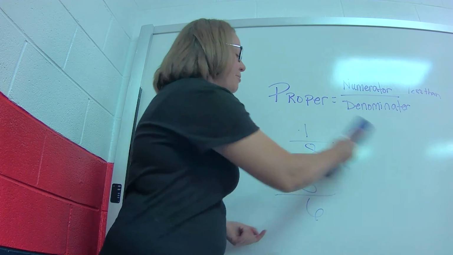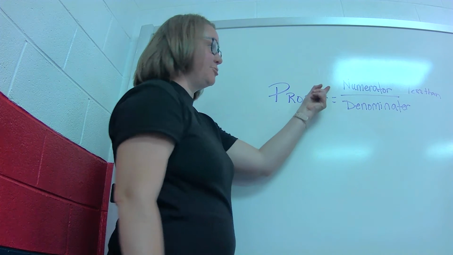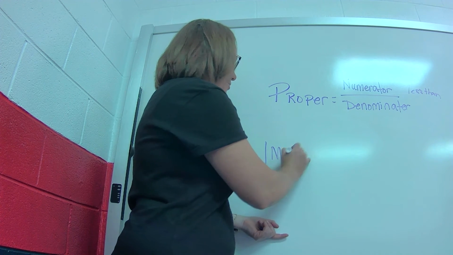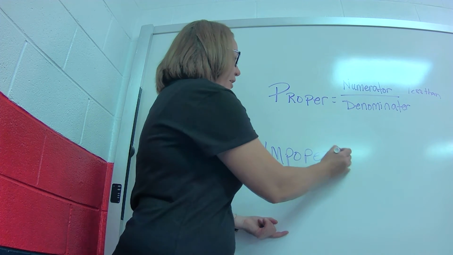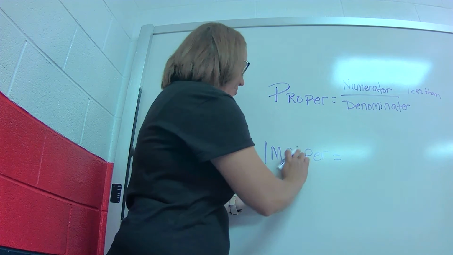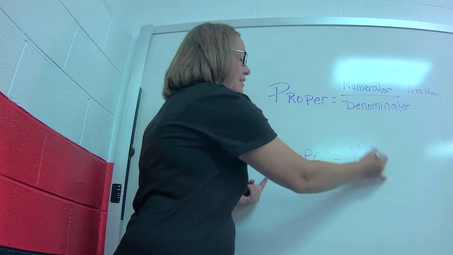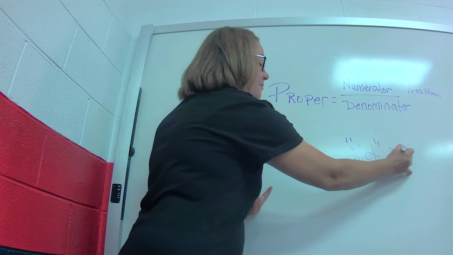So if a proper fraction has a numerator less than the denominator, what do you think an improper fraction would be? Well, first off, the word improper, spell it right, improper means not proper.